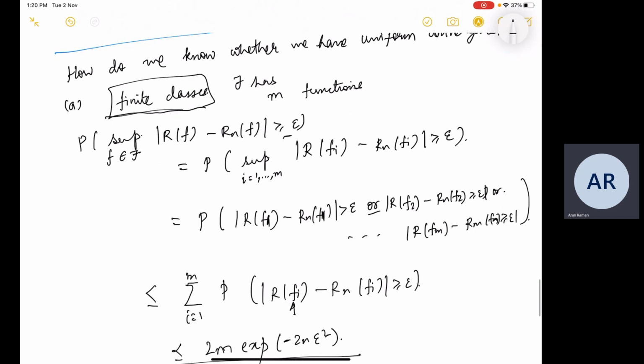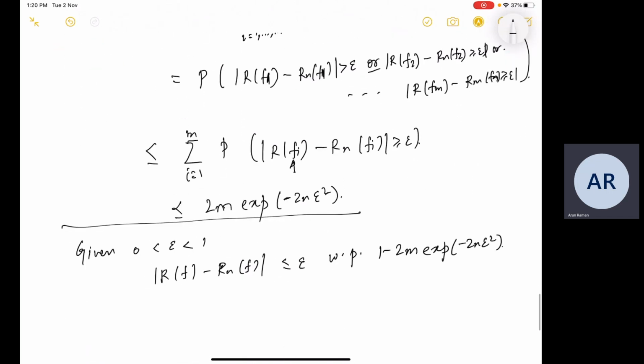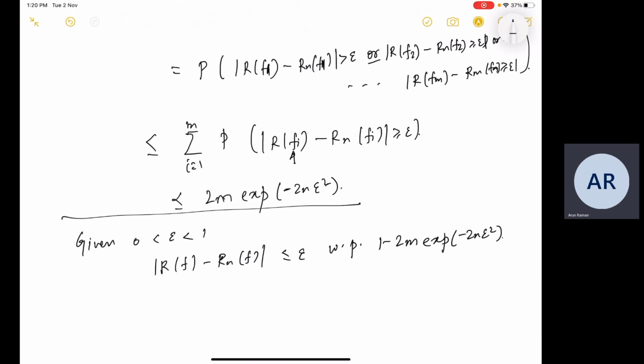Okay, because the right hand side was greater than or equal to epsilon, but what we want is the true risk and empirical risk to be less than or equal to epsilon.